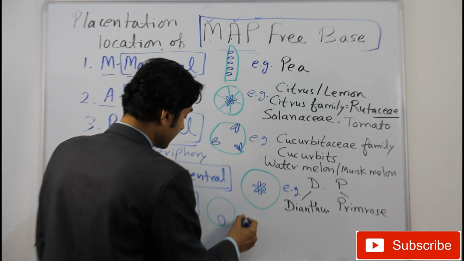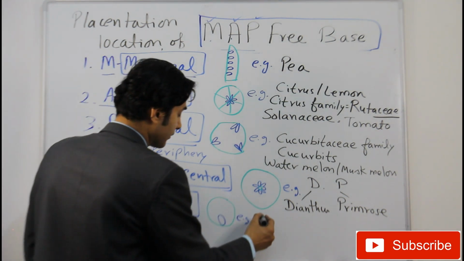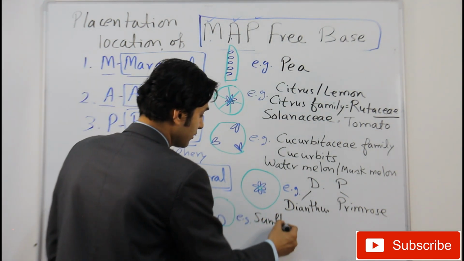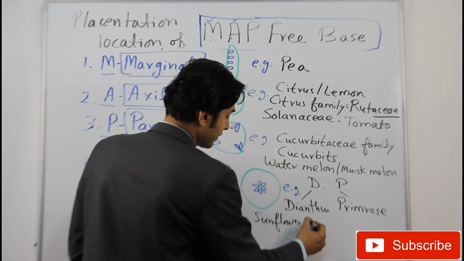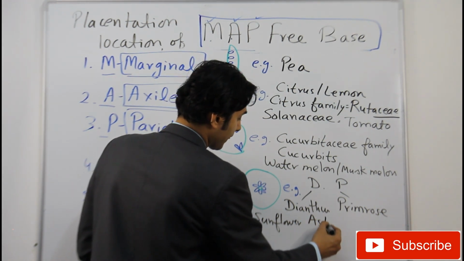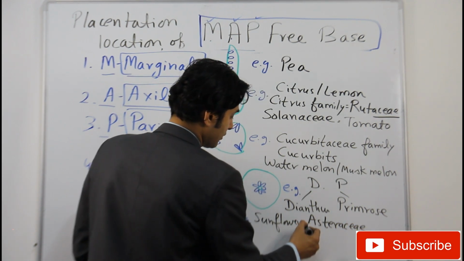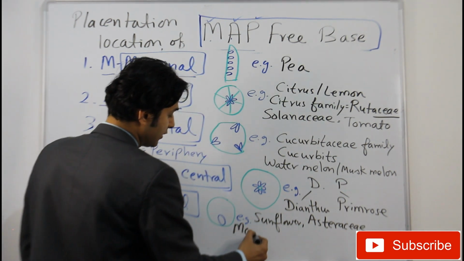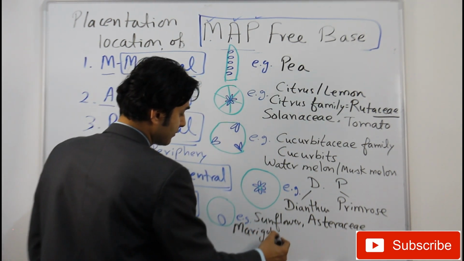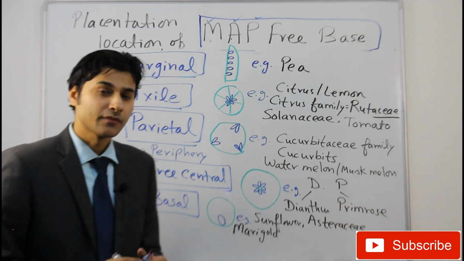Example of this type is sunflower, Asteraceae family. Sunflower, marigold, these are examples of the sunflower family or Asteraceae family.